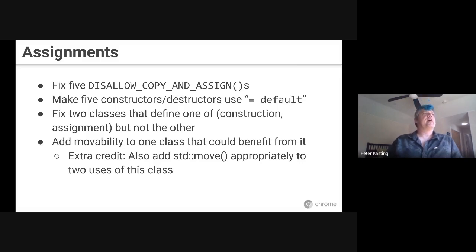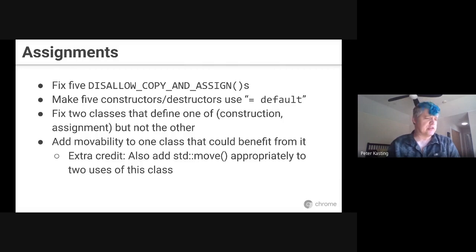Finally, the last bullet, add movability to a class that could benefit from it. This requires that you actually go look and see, is my class not being moved right now, but it could be moved, and it would benefit from being moved, maybe because it contains a whole bunch of data inside it. It's really big, and maybe we're copying it today.